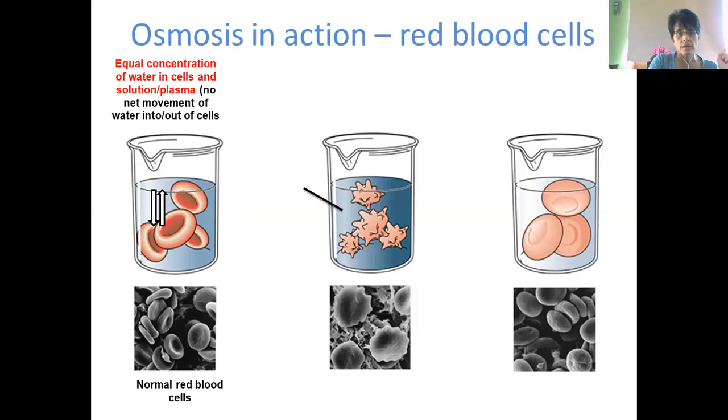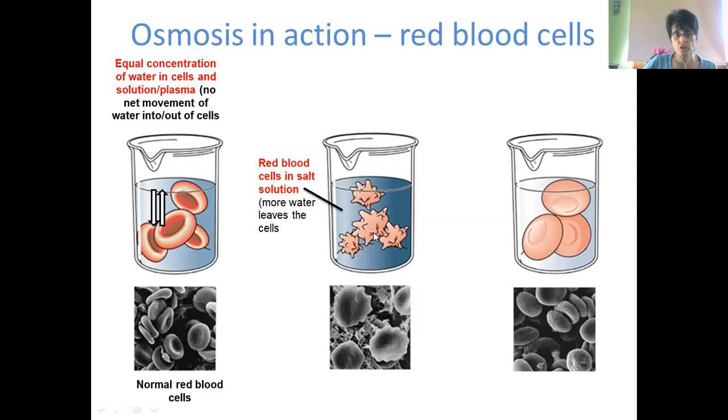However, if you then place blood cells into a concentrated salt solution, all right, so now you can see how the colors become darker. Now these water molecules will still move into and out of the blood cells, but now the concentrated salt solution is on the outside, and there's a higher water concentration on the inside of the cell.